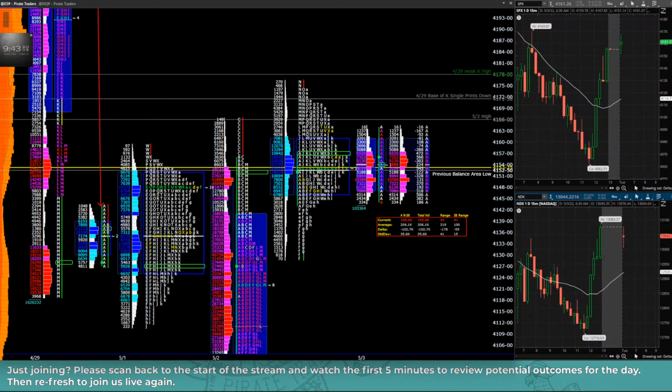Well, the market is not showing its hand this morning. We are literally just bouncing in the exact same range as the overnight.